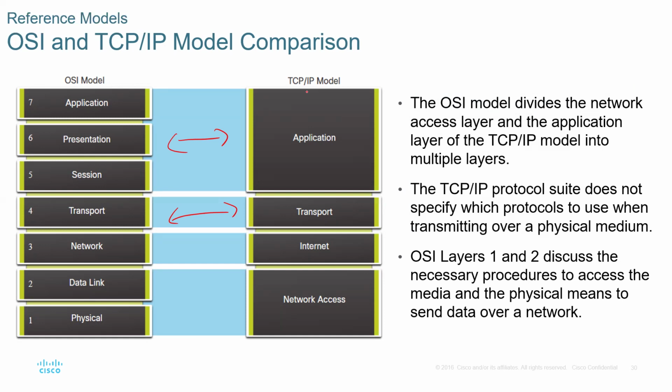Right. I think I'll need to explain this one a little bit more. OSI layers 1 and 2 discuss the necessary procedures to access the data and the media in the physical means to send data over a network. Right. TCP/IP doesn't define this media access.